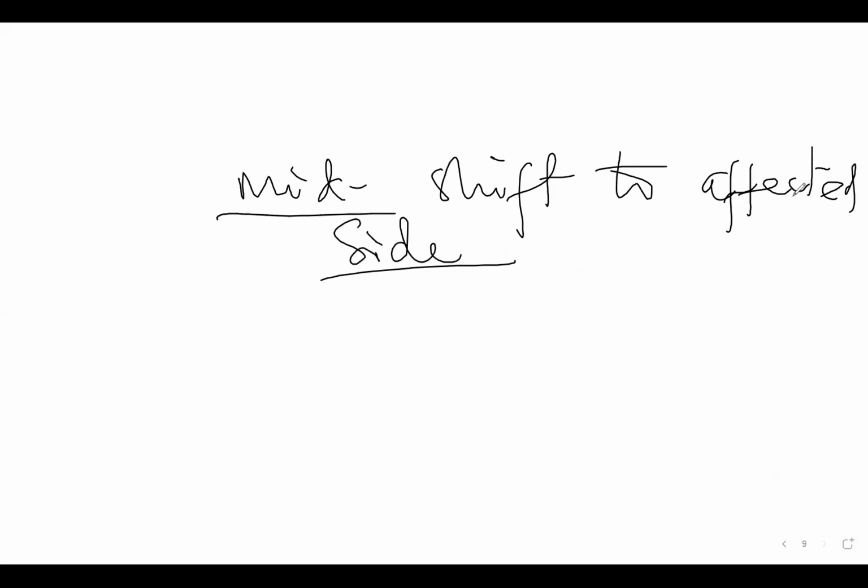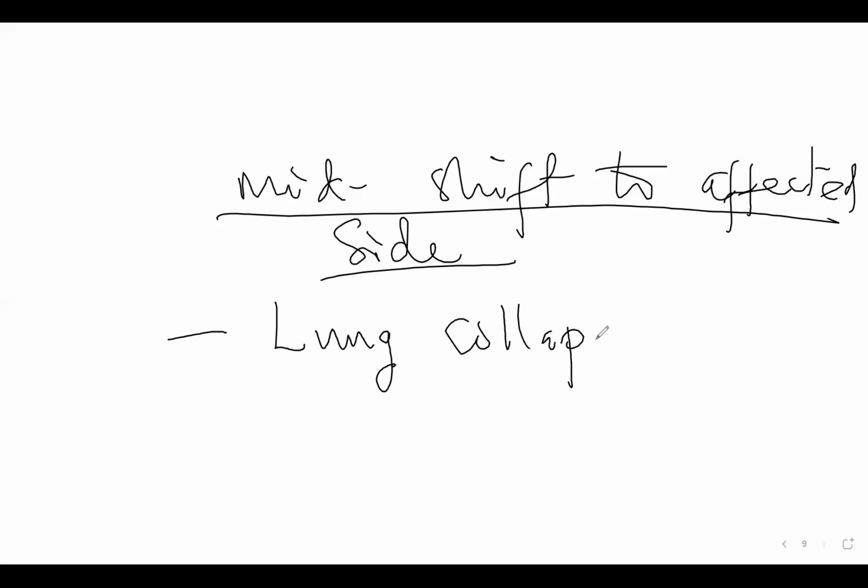A disease condition that will make the mediastinum shift to where the pathology is, commonly, is lung collapse. Lung collapse. When that lung collapses, the pressure on the contralateral lung will be higher and it will shift to the affected side. Okay? Even when you have fibrosis, chronic lung fibrosis.